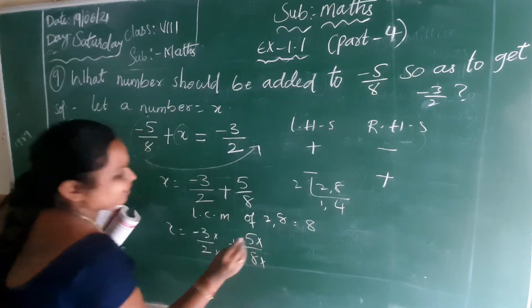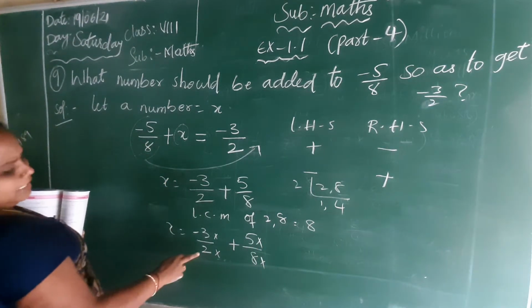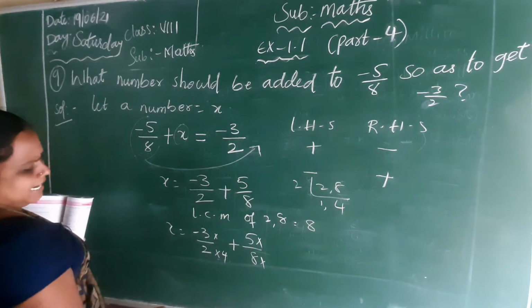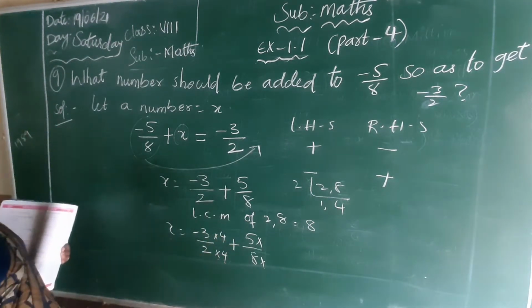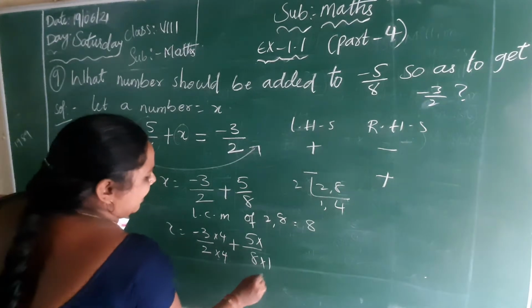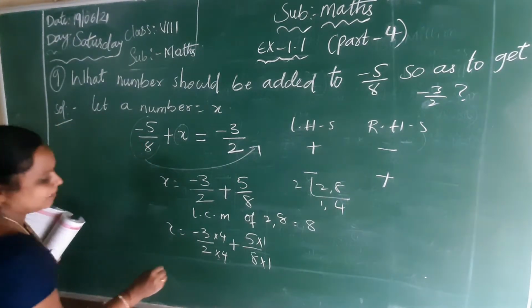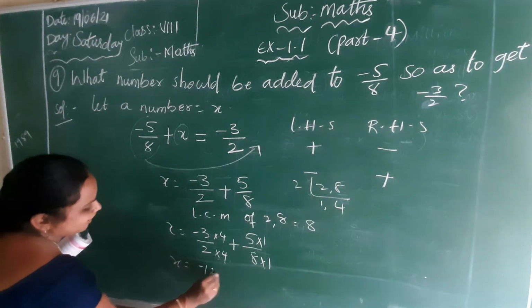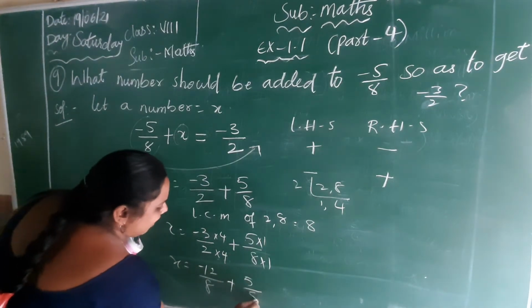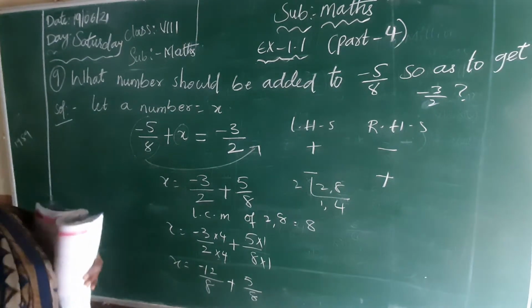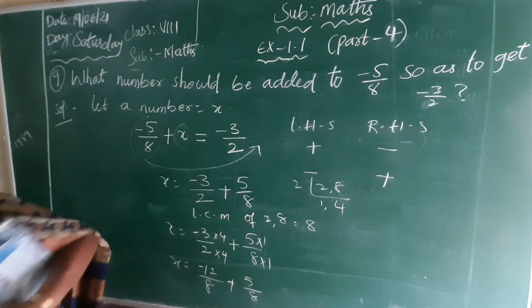In the 2 table, to get 8, 2 fours are 8. If we multiply the denominator by 4, the numerator also we need to multiply by 4. So x is equal to minus 12 by 8 plus 5 ones are 5 by 8.